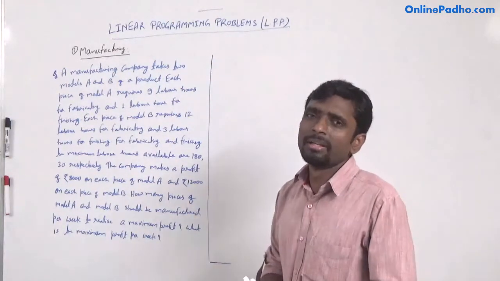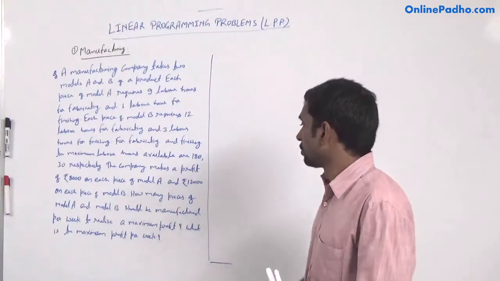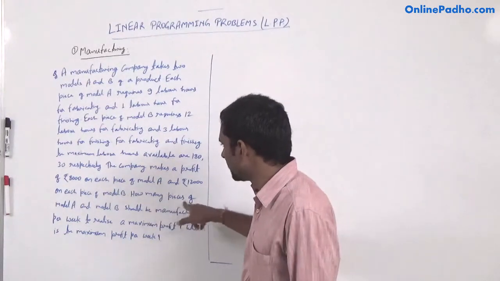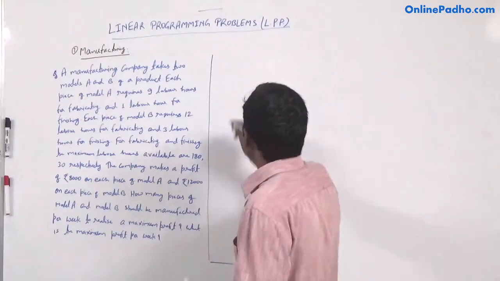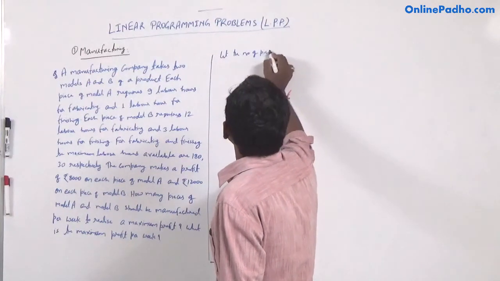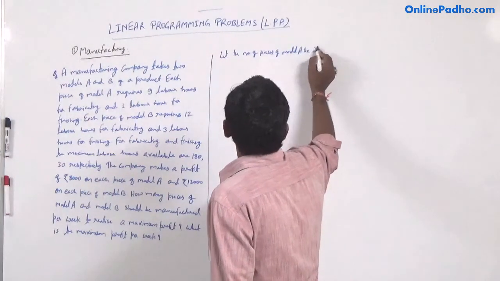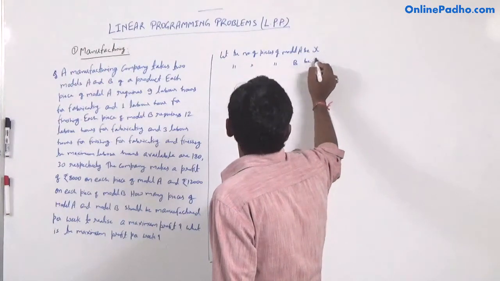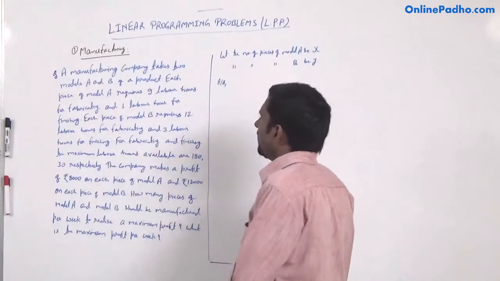First, we need to write some inequalities. So first we have to consider two variables. Let us see how many pieces of model A and model B should be manufactured. So we can consider, let the number of pieces of model A be x and the number of pieces of model B be y. Now according to the question, first we need to write the inequality.